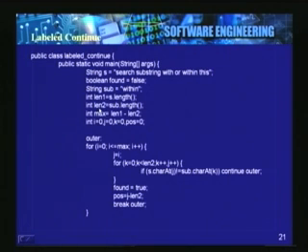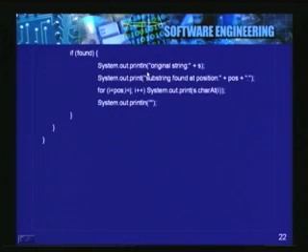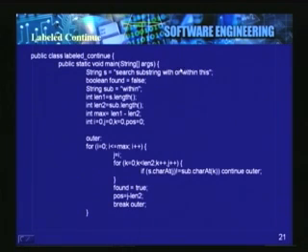This is an example of labeled continue. Now, in this particular code, you are finding a substring in another bigger string. So, you have this bigger string to search within, and your substring is within.